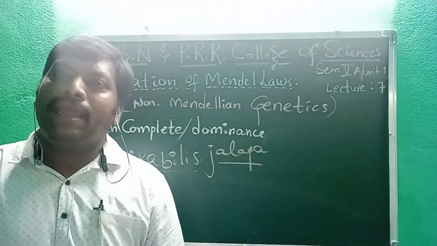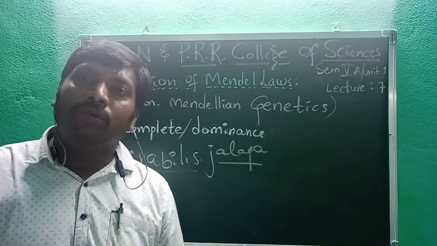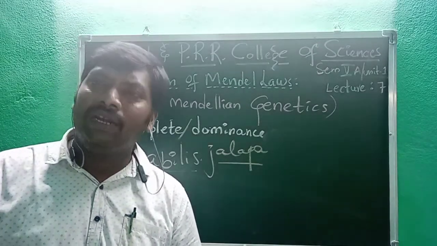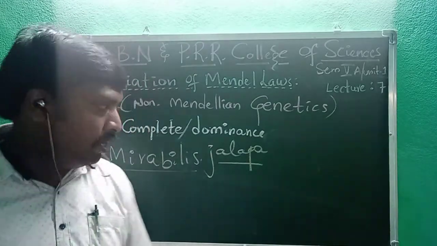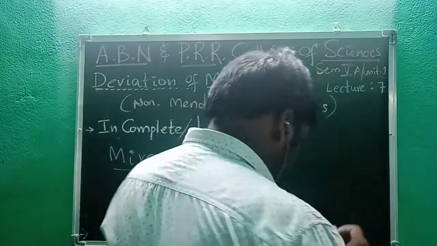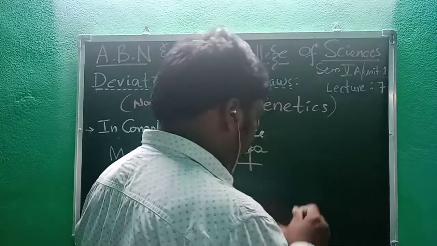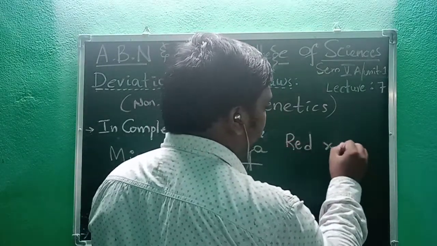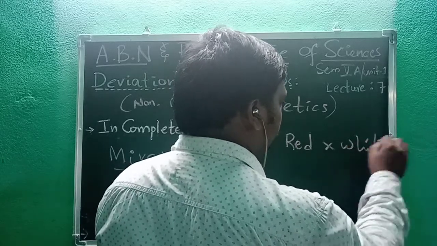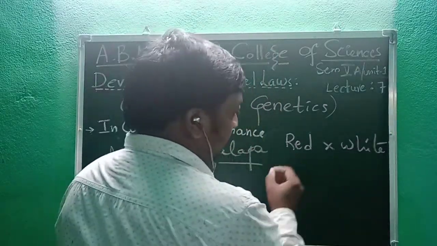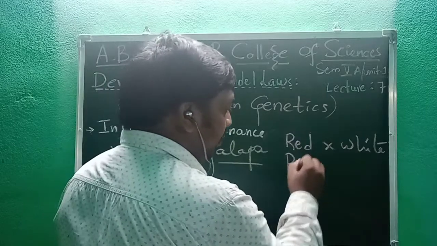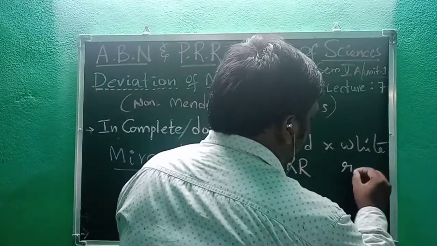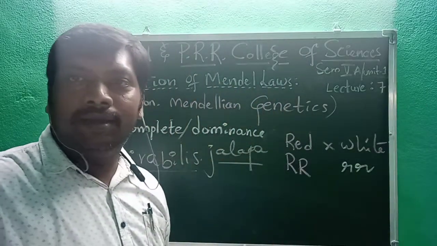In this plant we observe three types of colors. What are the three types of colors? The color appearance is, first, red crossed with white. So here the parents are capital RR, and the recessive parent is small rr.